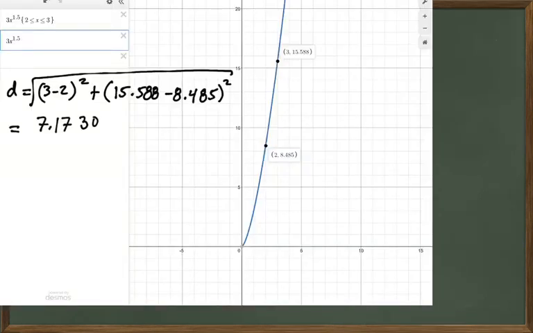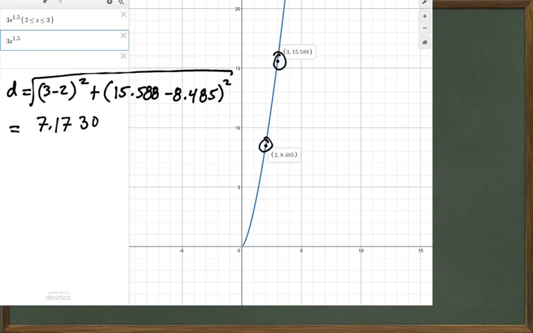And on this last slide here, I went ahead and graphed 3x to the 3/2 power. 3/2 is the same thing as 1.5, so it's the same thing as 3x to the 1.5. And here are your 2 points. So you're finding the arc length between those 2 points.